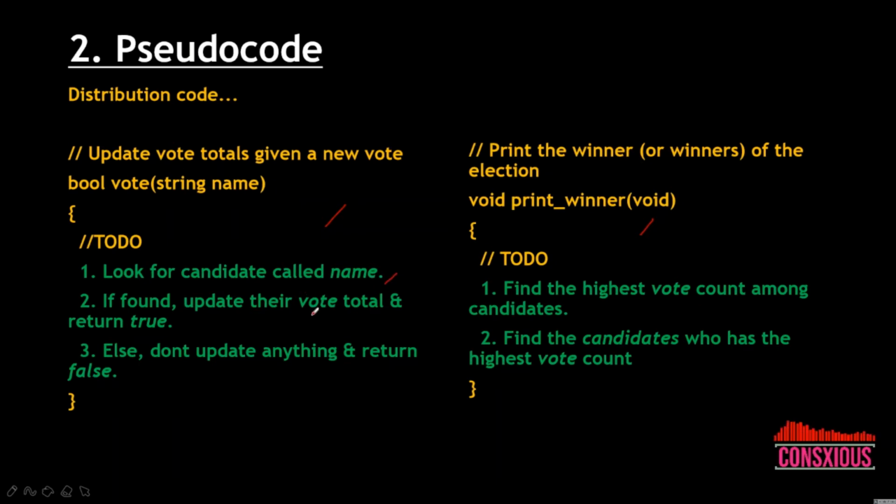If found, update the vote total and return true. Else, don't update anything and return false. Next, we're going to find the winner. The first step is to find the highest vote count among the candidates. Then we find the candidate who has that highest vote count. So we find the number here, then we find the candidate.